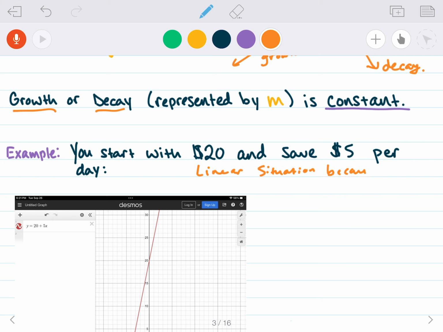Because the amount of money that we have is changing by a set amount each day.